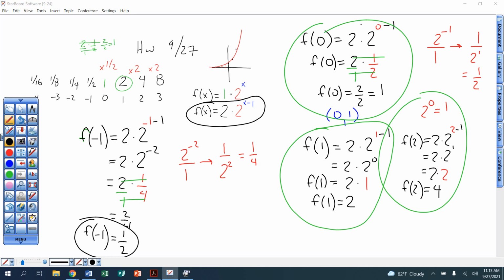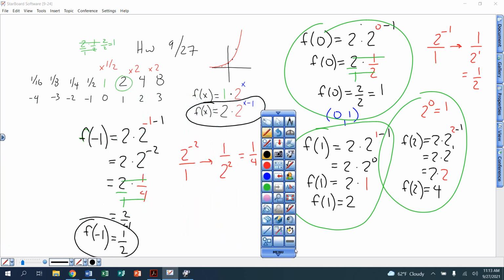All right, let's do it for negative 2. Plug in negative 2. That gives me 2 times 2 to the negative 3.